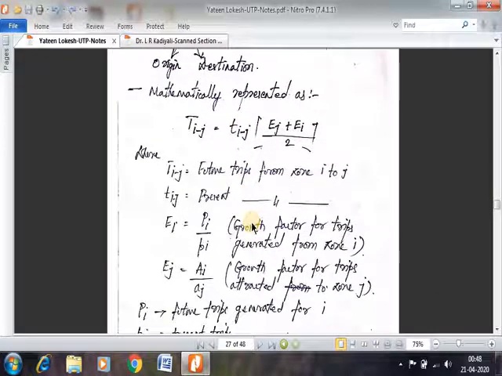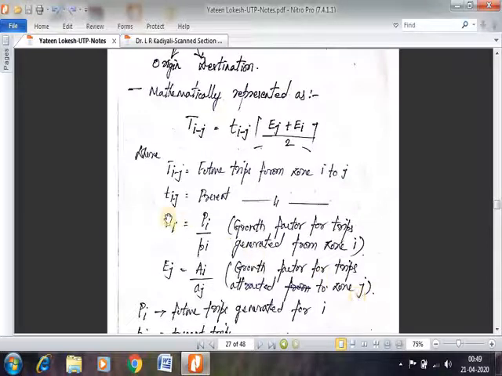So this is the notation being shown again. Capital Tij is the future trips from zone i to zone j. Small tij is the present trips from zone i to j. Ei is the growth factor for trips generated from zone i, and Ej is the growth factor for the trips attracted to zone j.